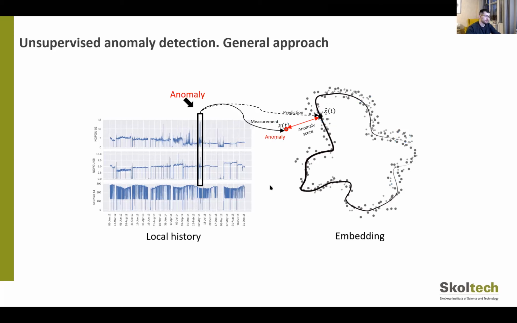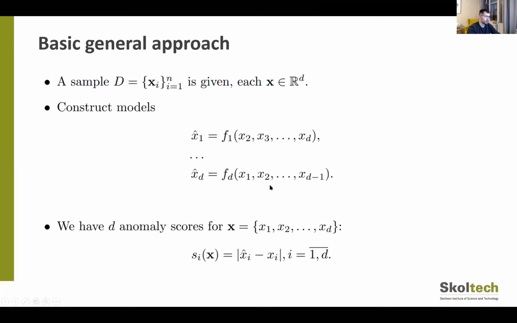If you want to write down formulas, we can, for example, try to do something like this. Suppose we have a set of points, and for each point we have x that belongs to R^d, and we construct d models.